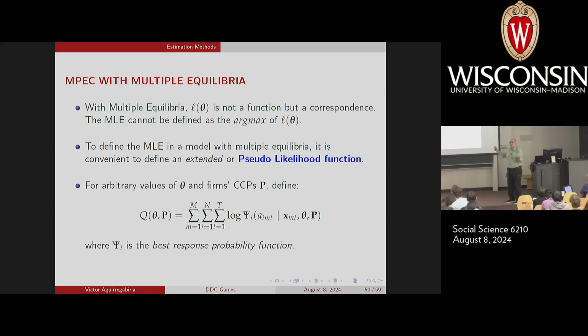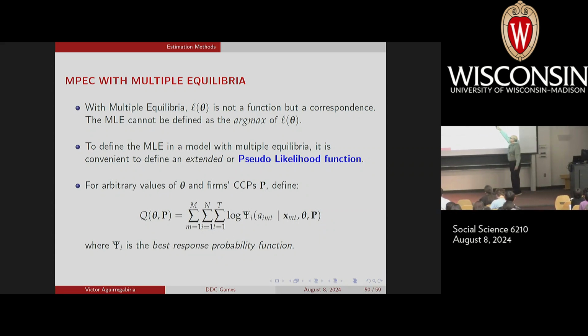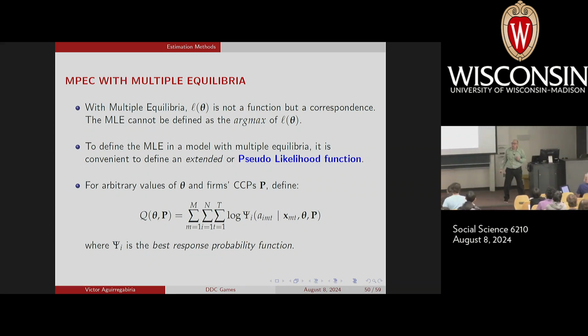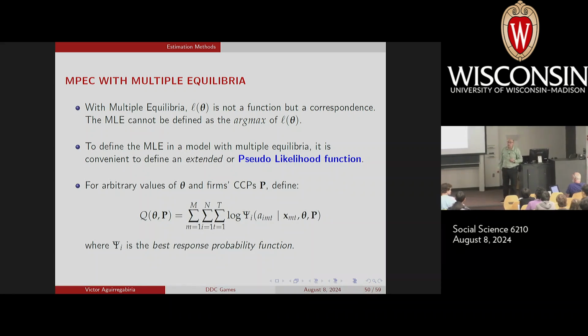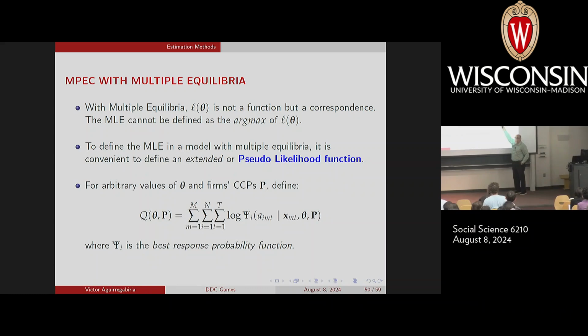The equilibrium is a correspondence, but the best responses are all these functions in this model. Taking as given my beliefs about how the competitors will behave, this is my best response choice probability. These are the logit probabilities that I have written before, where the choice probabilities of my competitor are given. Then this is a well-defined likelihood function.